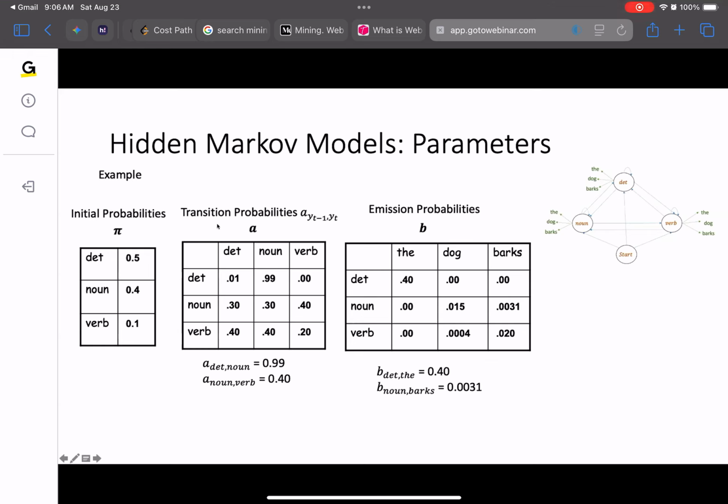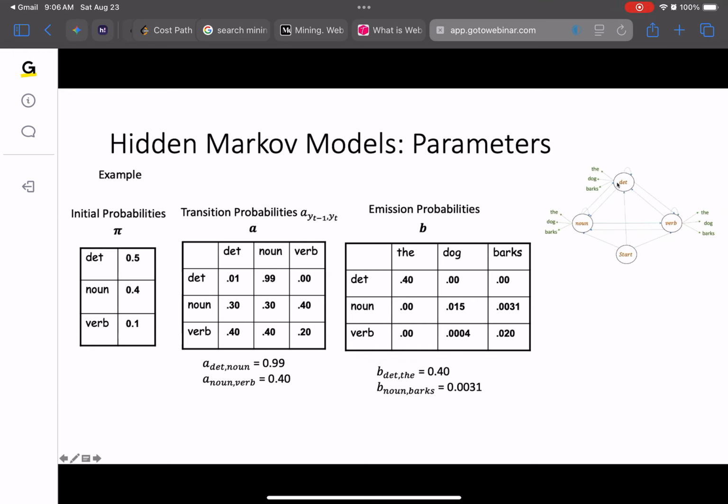These are captured using transition probabilities, a(yt minus 1, yt), where rows indicate the previous state yt minus 1, and the columns indicate the current state yt. For this example, a(det, noun) indicates the transition from determiner state to noun state, which is indicated here, and transitioning from noun to verb is indicated here.